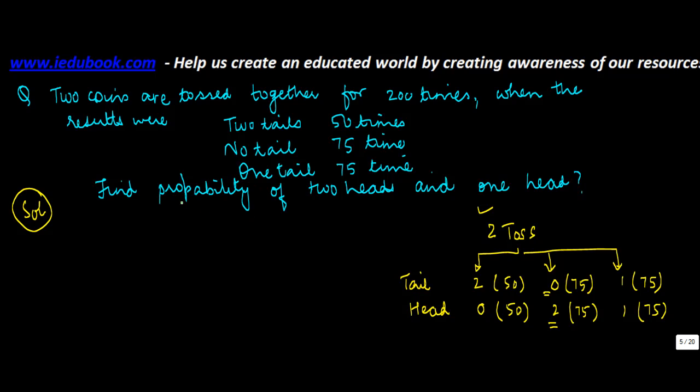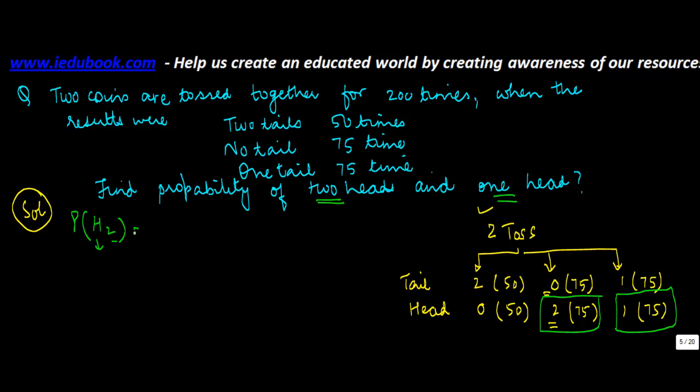Now what's the question you are asked? You are asked to find the probability of two heads. When are there two heads? Two heads is basically this case. And one head is this case. Now let's call this P(H2), where H represents head.